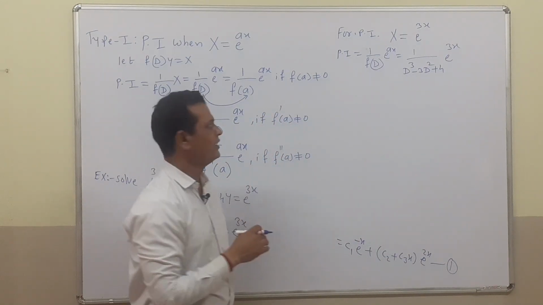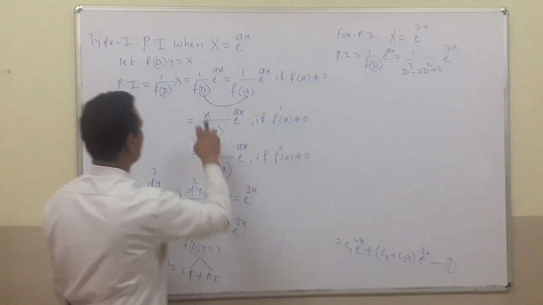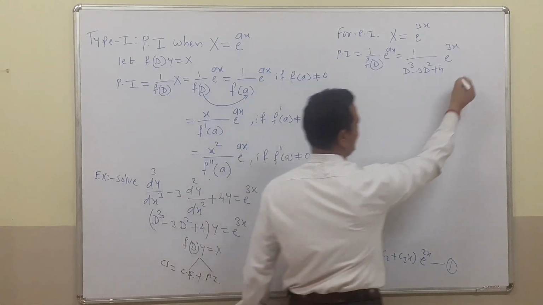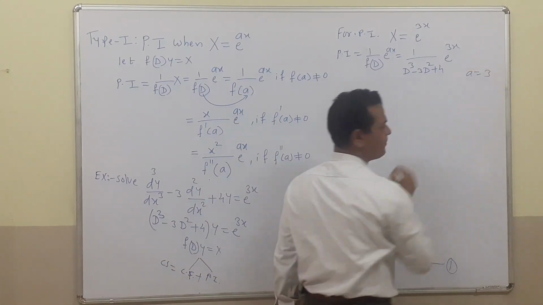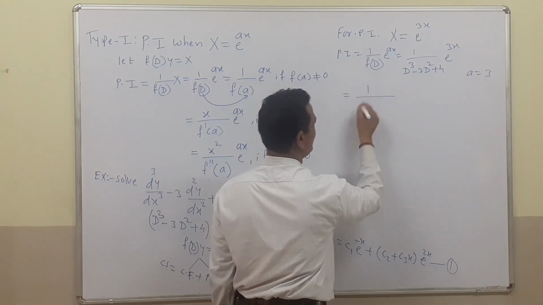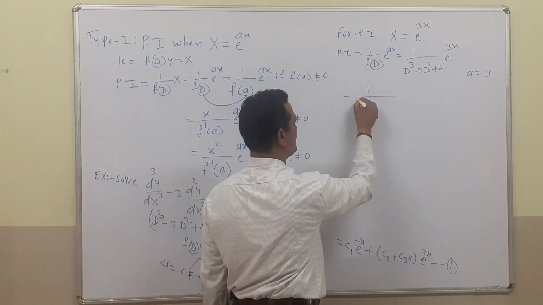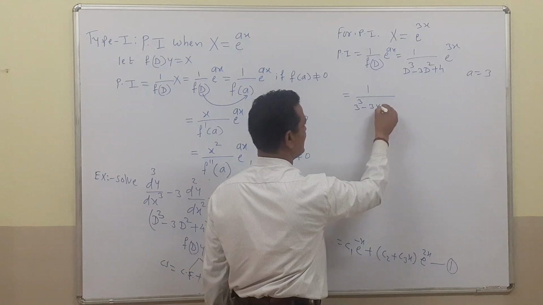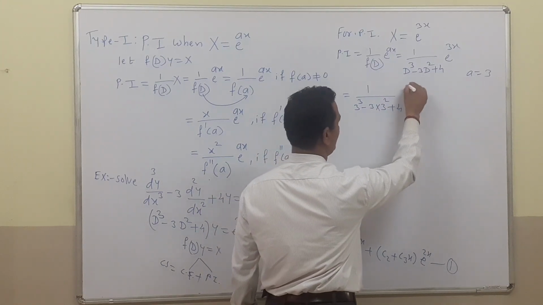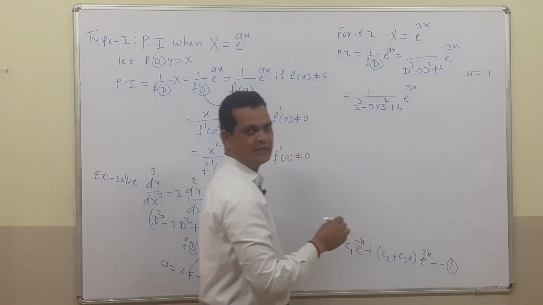Now this formula says replace D by a. What is the value of a here? The value of a is 3. So we can write this as 1 upon 3 cube minus 3 into 3 square plus 4, into e raised to 3x.